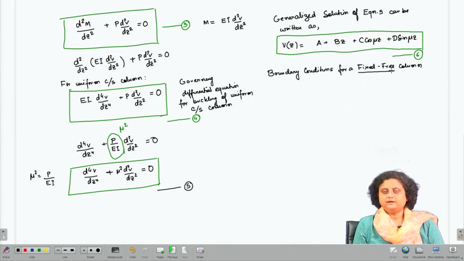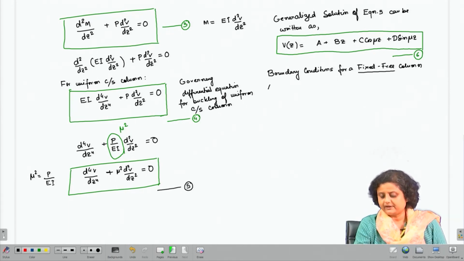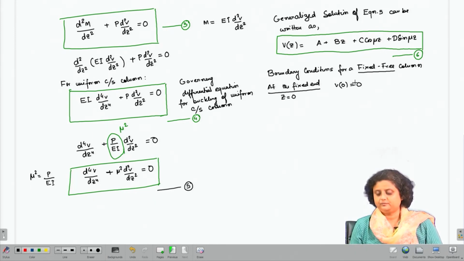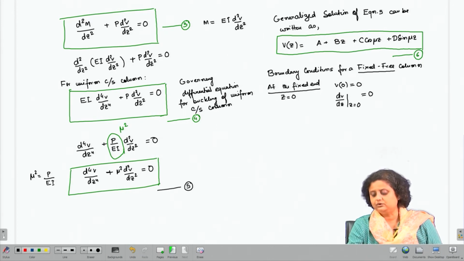The boundary conditions are at the fixed end, that is at z equals 0, the displacement is going to be 0. So, V(0) is equal to 0 and the slope also has to be equal to 0. So, dV by dz at z equals 0 has to be equal to 0.